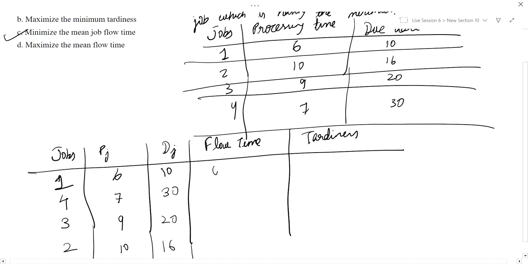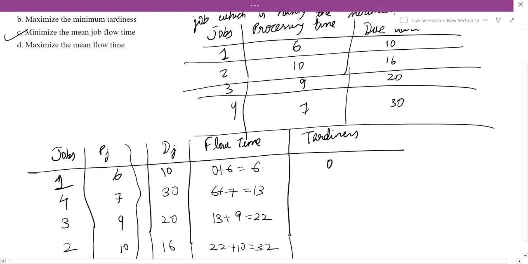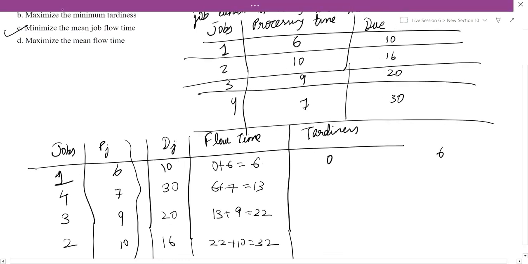The flow time is here 0 plus 6 is equal to 6, 6 plus 7, we are taking care of the processing time. 6 plus 7 is equal to 13, 13 plus 9 is equal to 22, 22 plus 10 is equal to 32. Now we'll find out the tardiness for each job. For the job 1, flow time is 6, due date time is 10, it is ahead. So here the tardiness is 0.